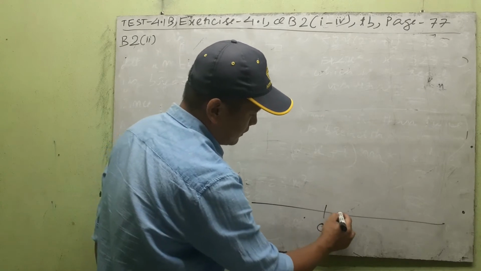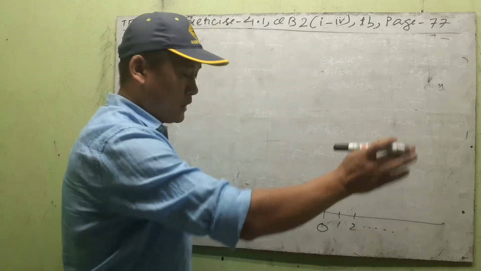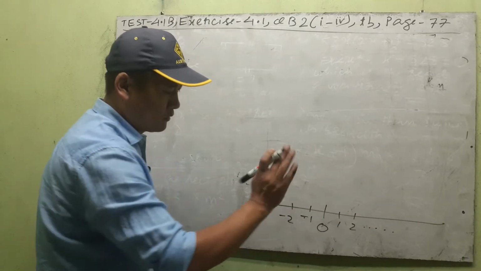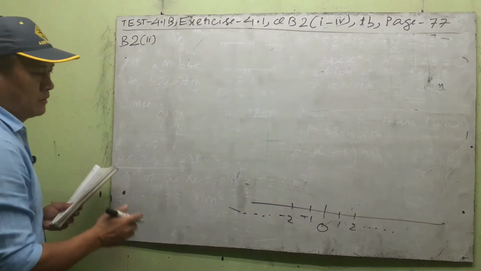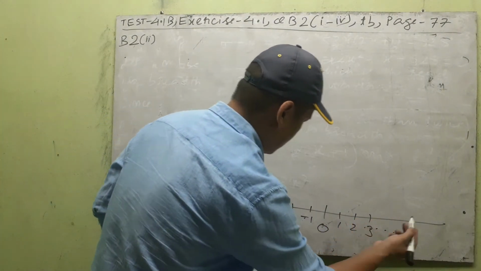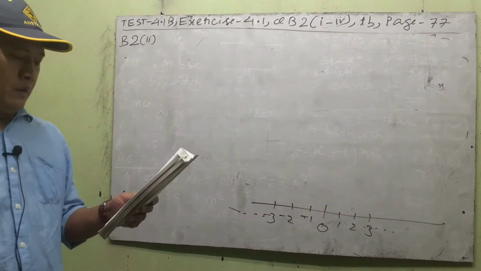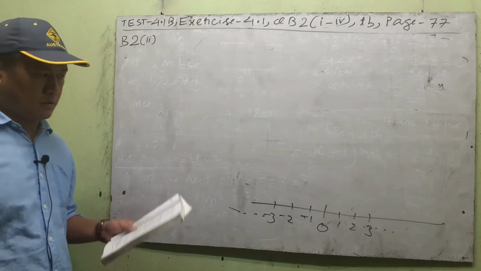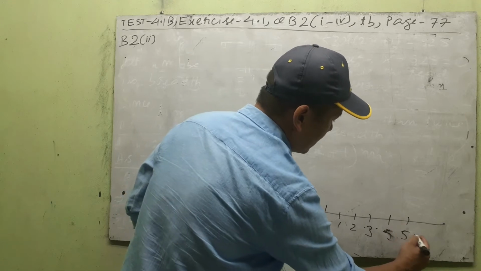Right side of 0 is plus 1, plus 2, etc., countless, and left side is minus 1, minus 2. So plus 3, etc., minus 3, etc., like this. Product of two consecutive integers is 306, like 4, 5, whatever.